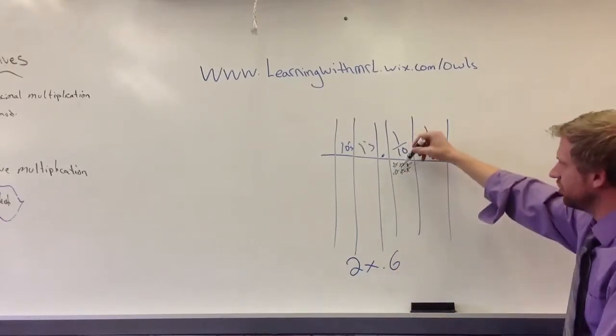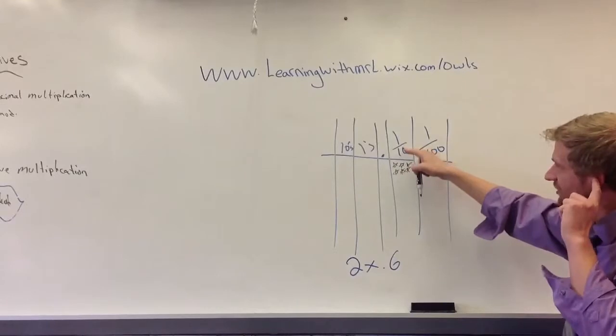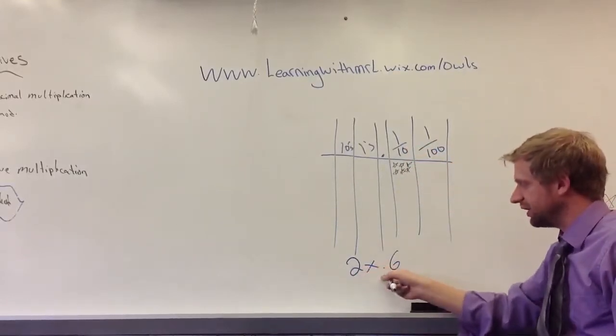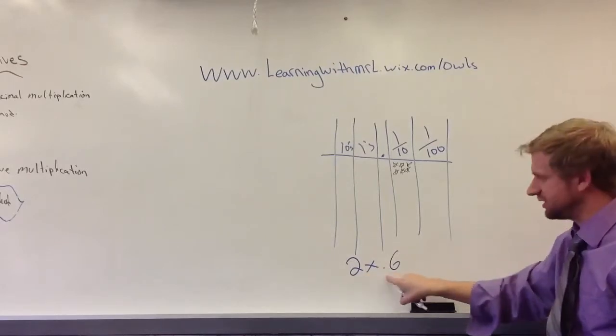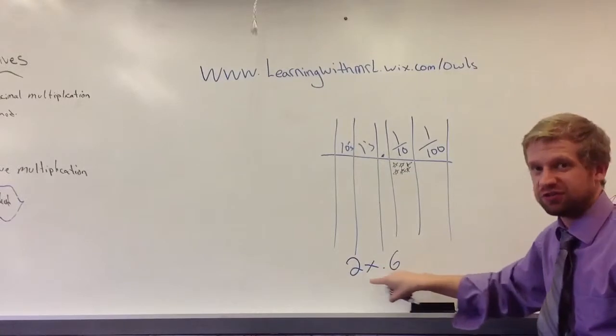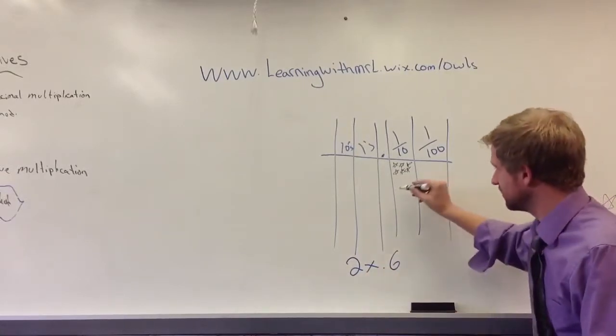So you can see I have 1, 2, 3, 4, 5, 6. I have 6/10. Since we're multiplying, how many copies of 6/10 do we need? We need 2 copies. We have to multiply it by 2, so we need 2 groups of 6/10, or we can say 2 copies of 6/10.